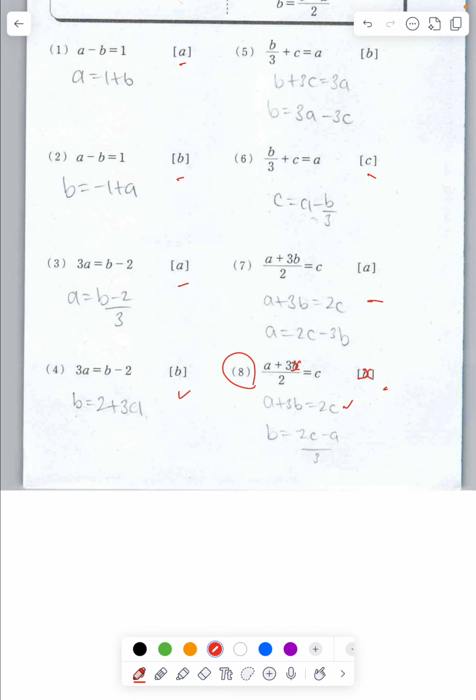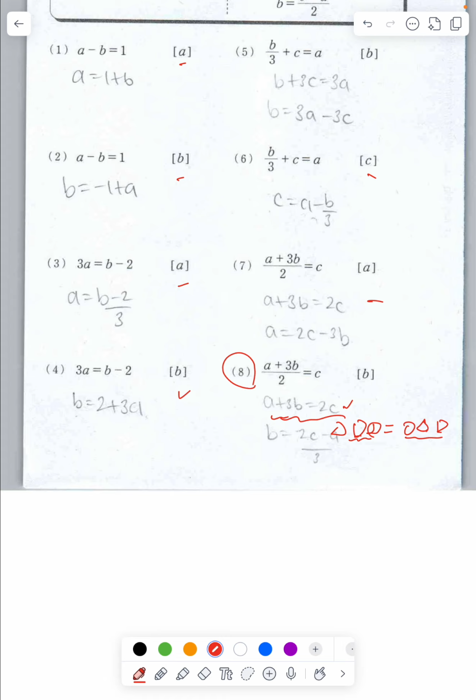In general, if you have a fraction, like for example this one, we had the 3b because we're trying to solve for b. Over here, we had a plus 3b equal to 2c. My instinct is, I need to isolate b. What does isolate mean? Sometimes you have so many things happening on both sides of the equation sign.